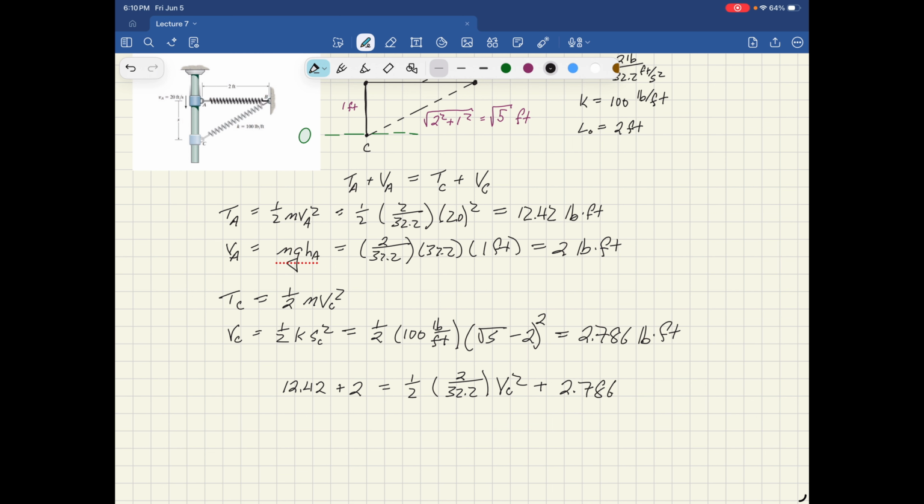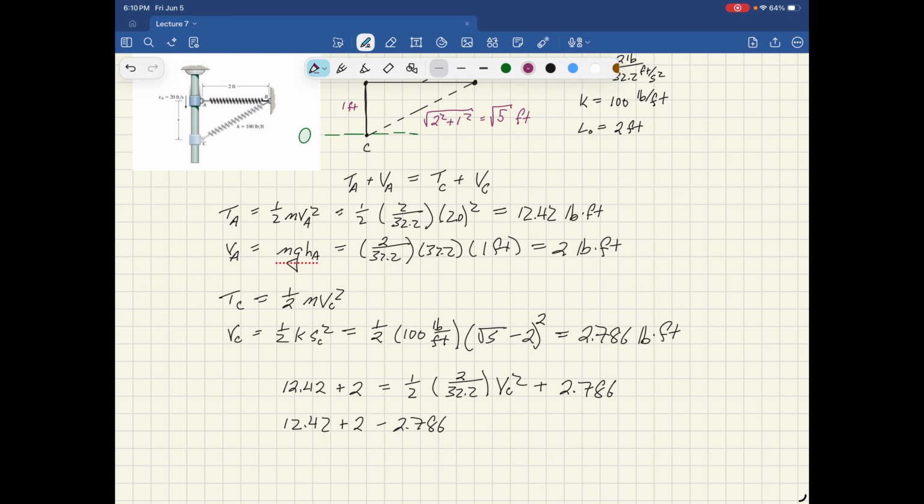Writing out our final piece, we have 12.42 plus 2 minus 2.786.